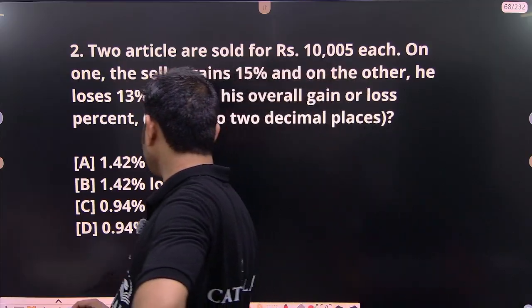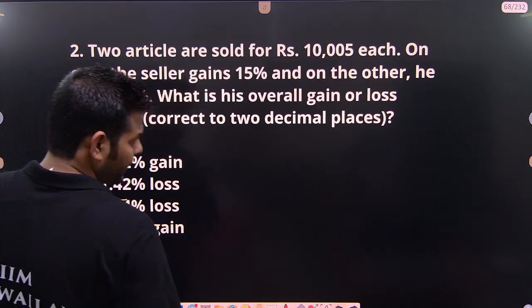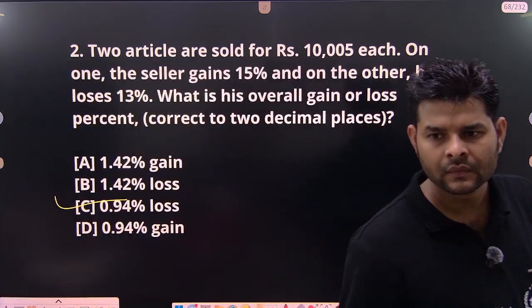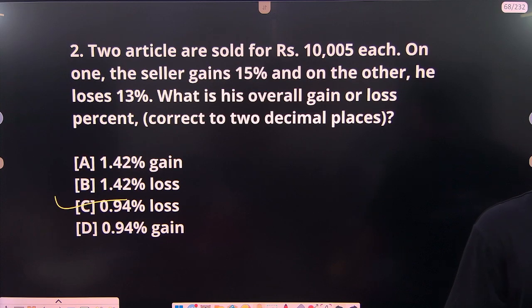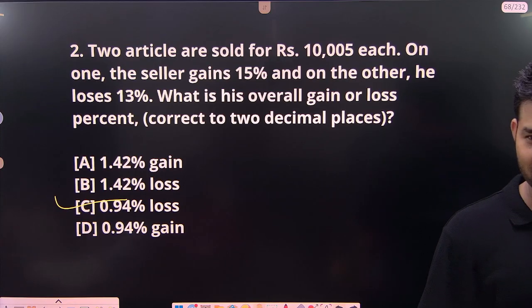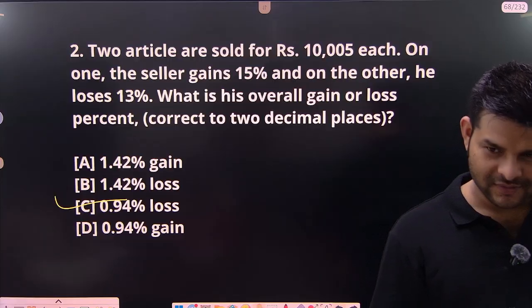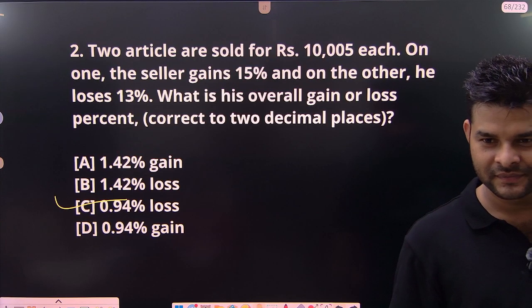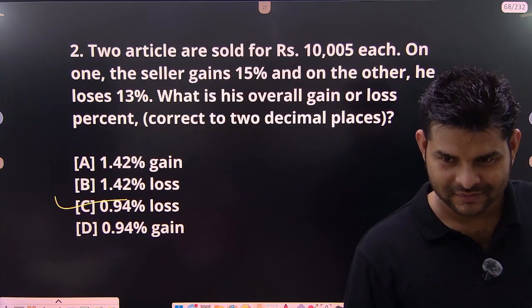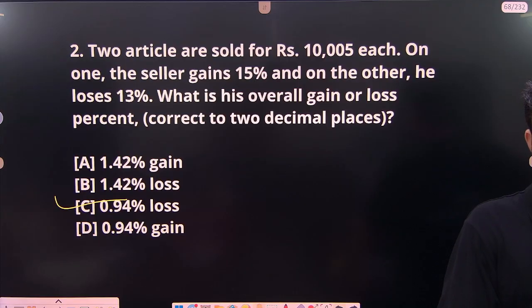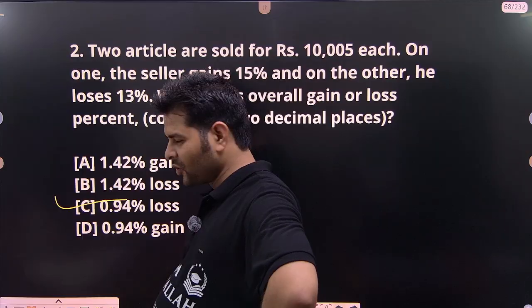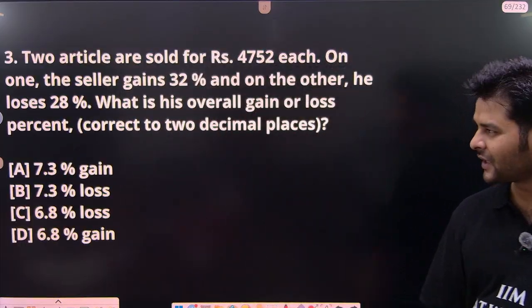Loss. 0.94 loss. The correct one. The trick was not there anywhere, it was a short trick method. So are you applying the formula or the short trick method? Just go with the formula. You all are comfortable with the formula, I am feeling. Just flow with the formula. The last one, then we are going to move on to the next one. Just apply the formula, then get the answer.